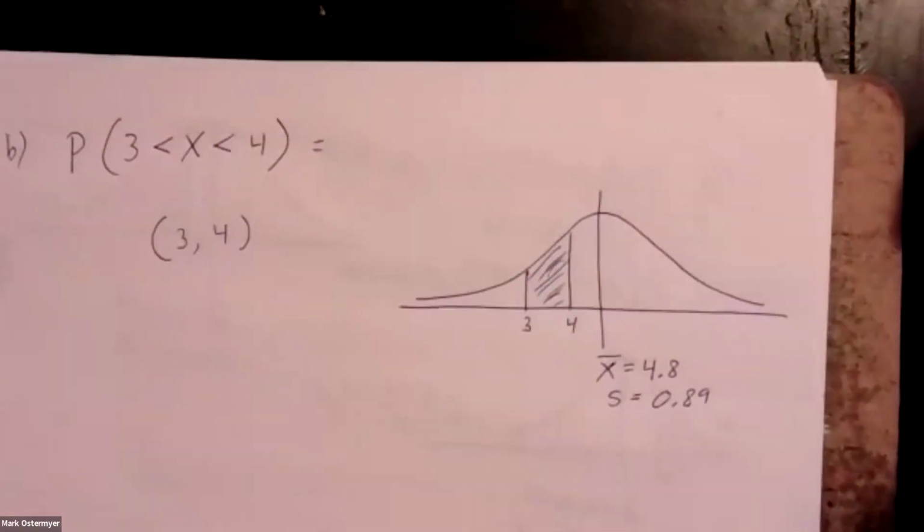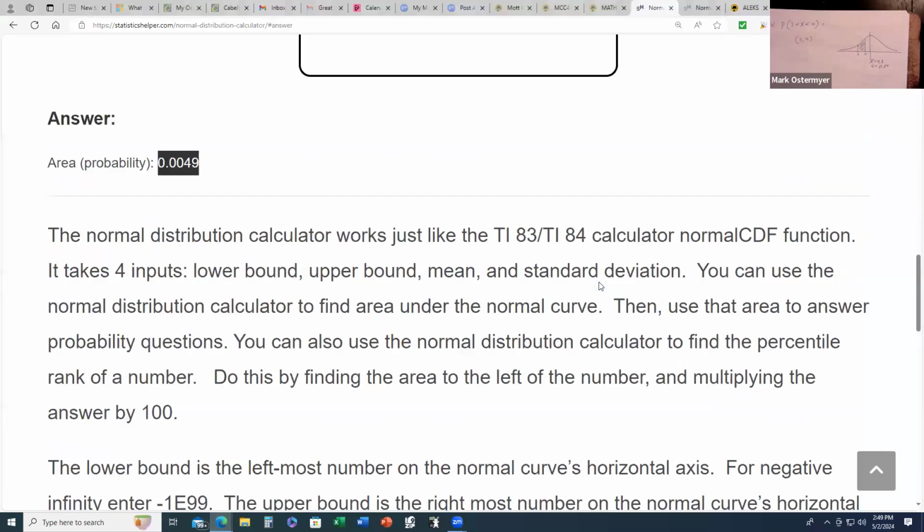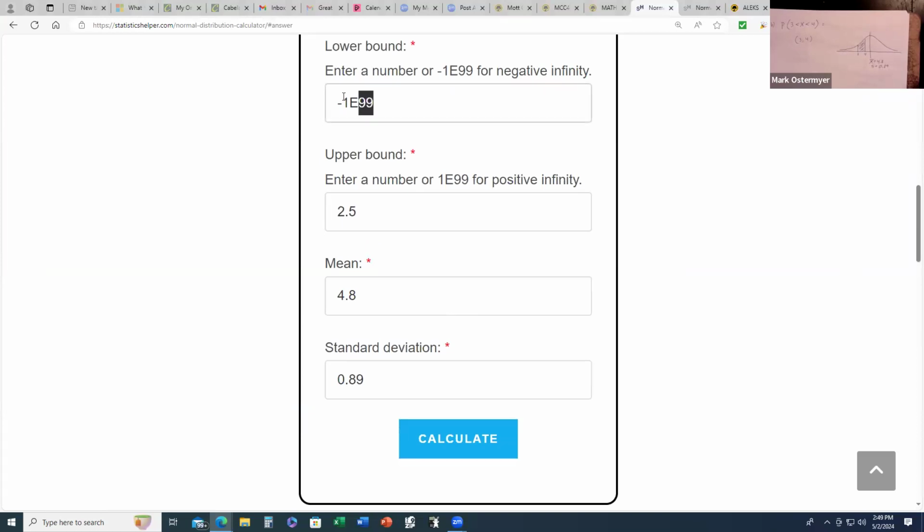Taking this information to our normal calculator, we'll compute that area or that probability. The lower endpoint is 3. Upper endpoint is 4. The mean of this distribution is 4.8 and the standard deviation is 0.89.